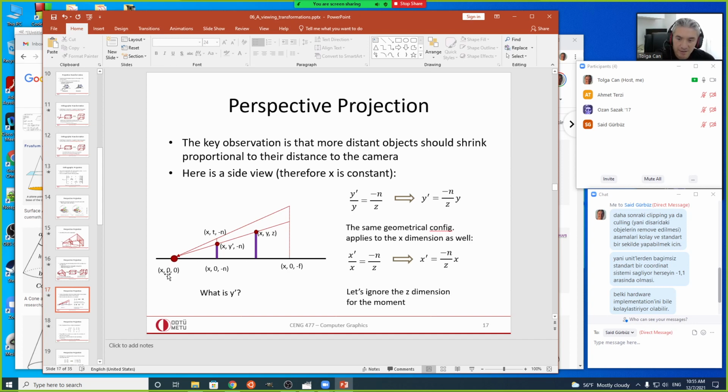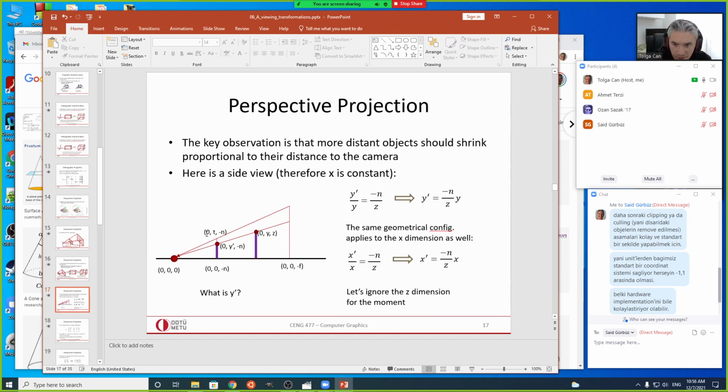So this is 0, 0. Actually, we could have just set this x to 0 to make it exactly on the YZ plane, so as not to confuse you. So just pick a point on the YZ plane and let's see how it's going to look. I'm turning all these x's to 0 just for the sake of simplicity, so that we're looking at something on the YZ plane. This is our point, and this is the top.